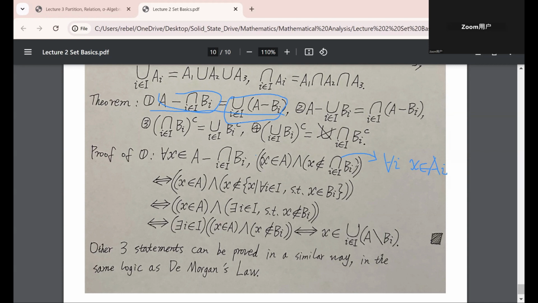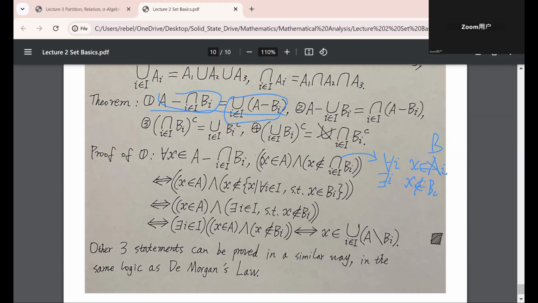But if it does not belong to it, then we just do the negation. So there exists an i such that x does not belong to B_i.